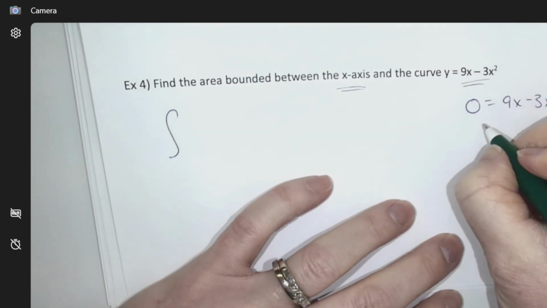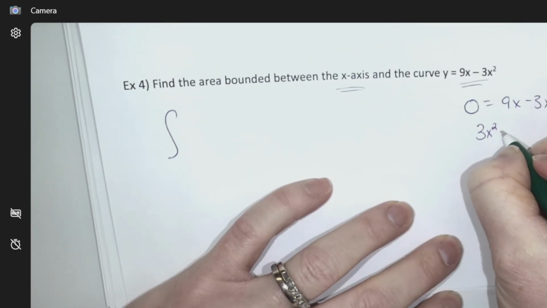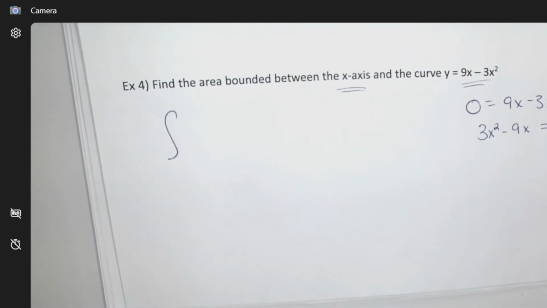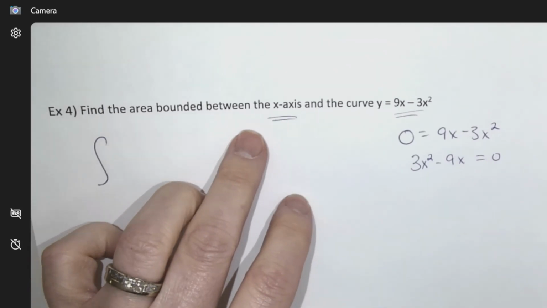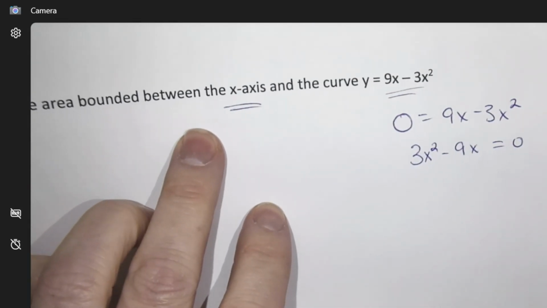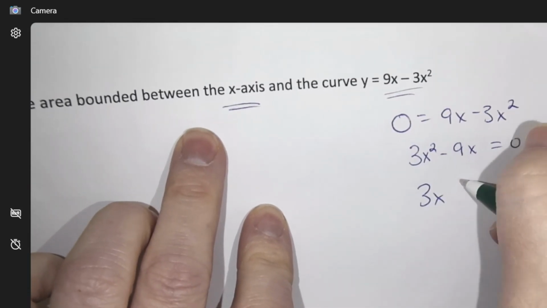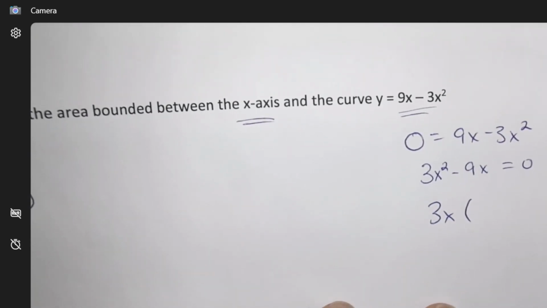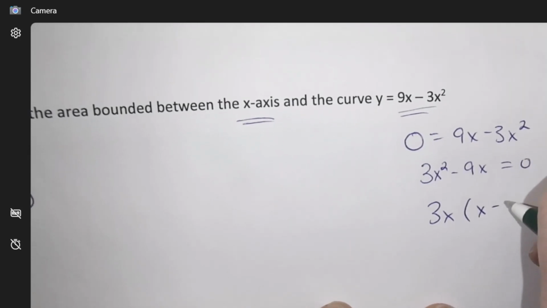So I'm going to do the same process here. I'm going to GCF. I'm just switching sides here so I don't have to deal with negatives. I'm going to take a 3x out of this one. 3x out. x minus 3.